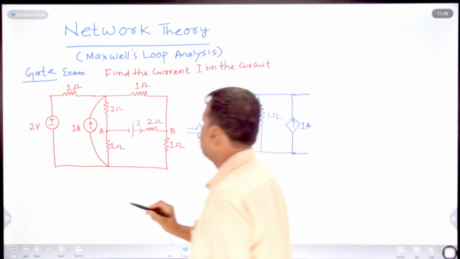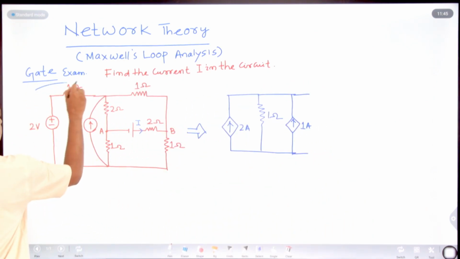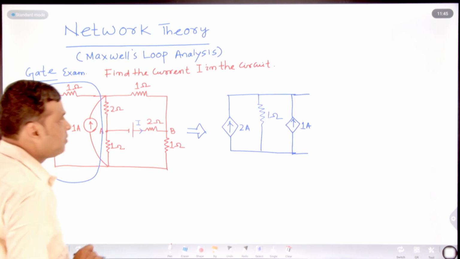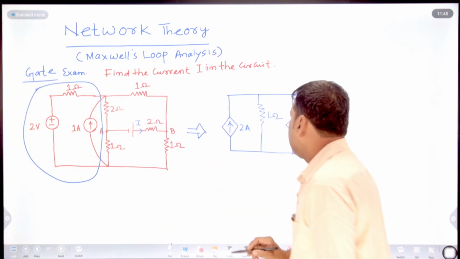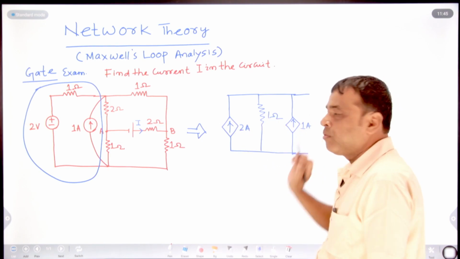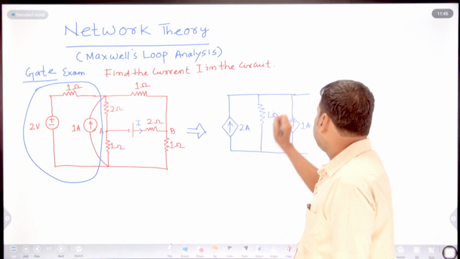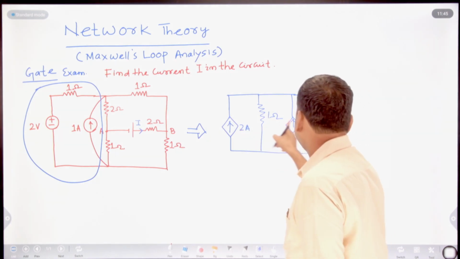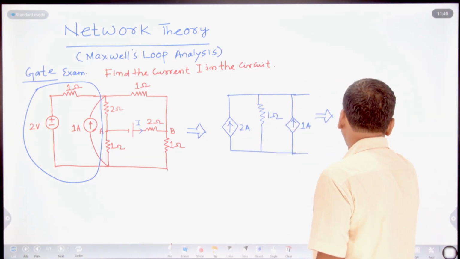From this one, we can convert this to this. So, this is your 2 ampere and this is your 1 ampere, both are incoming currents, and this will be how much? This will be 2 ampere plus 1 ampere, that is your 3 ampere current source.